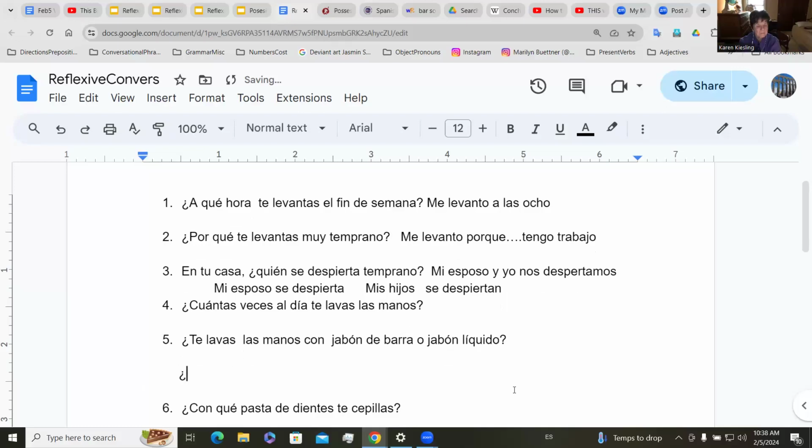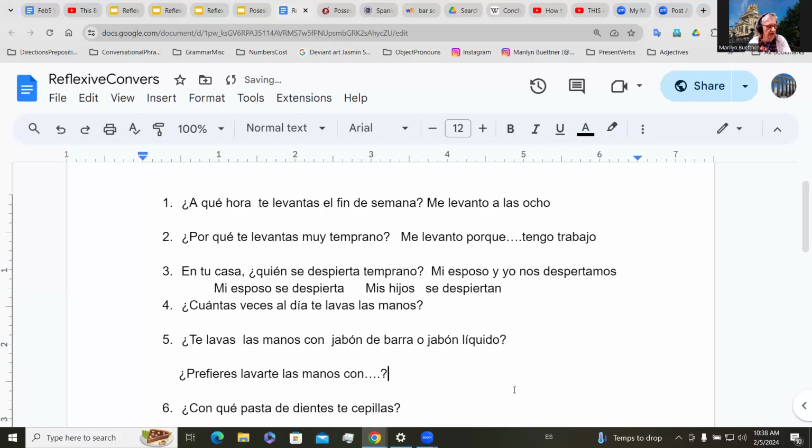Sometimes you may hear a reflexive paired up with a second verb. Prefieres lavarte las manos. I'm changing number 5 a little bit. Do you prefer to wash your hands?